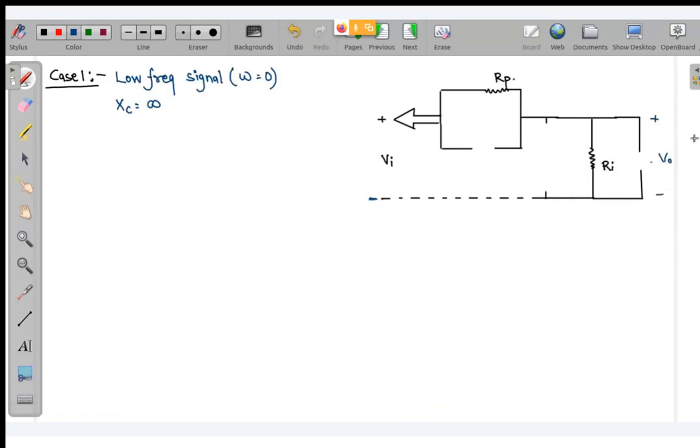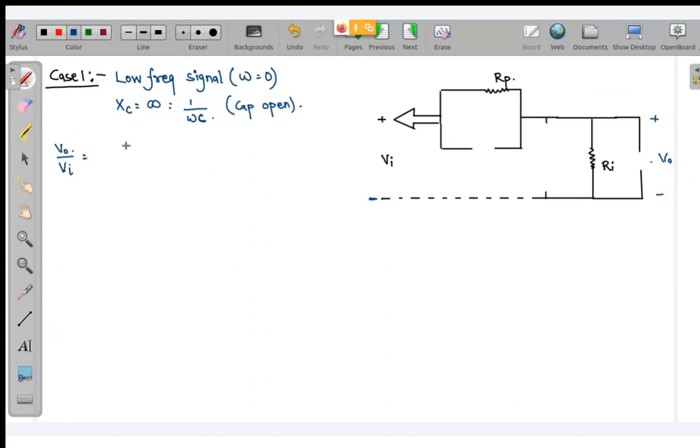Any doubt up to this? Why is this infinite? Because we know capacitive reactance is equal to 1 by omega C, so the capacitor will be open. Now the attenuation factor is given by V0 by Vi.